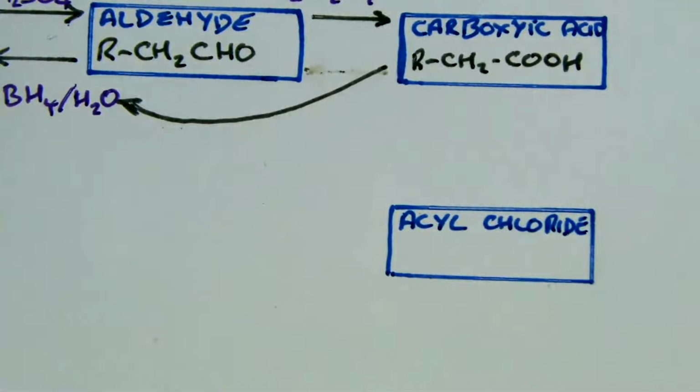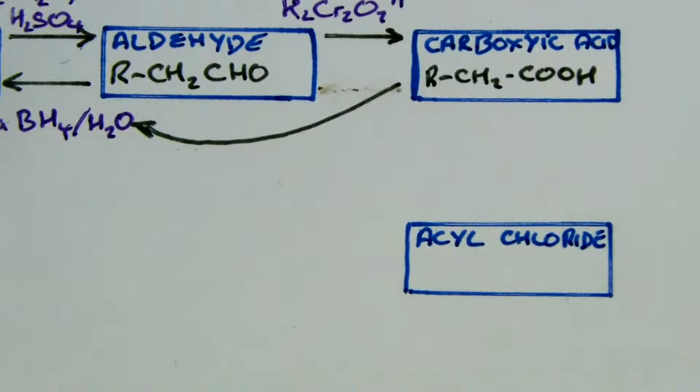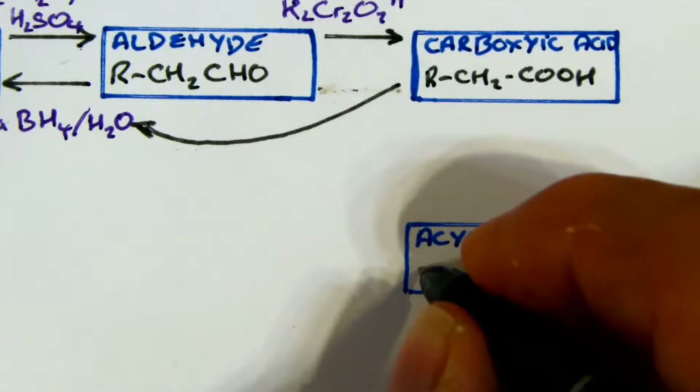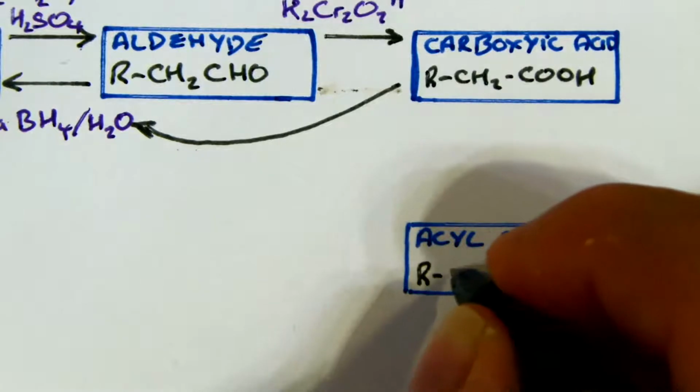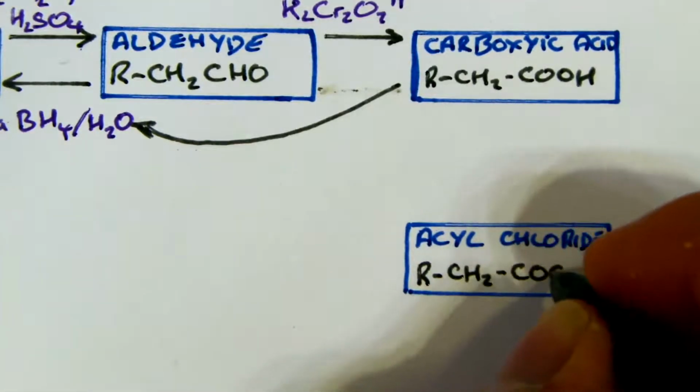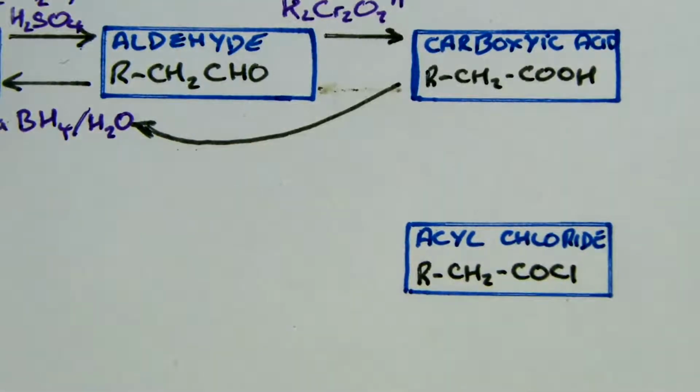So to make our acyl chloride, let's just write down what acyl chloride is going to be. To make that, I would simply need SOCl2.